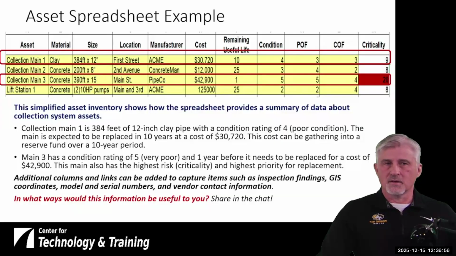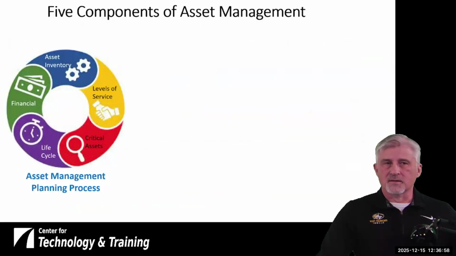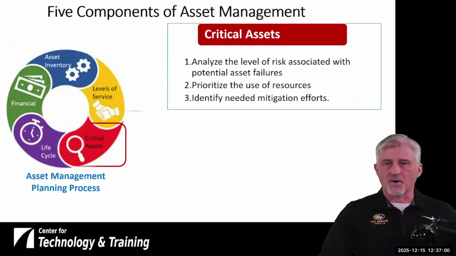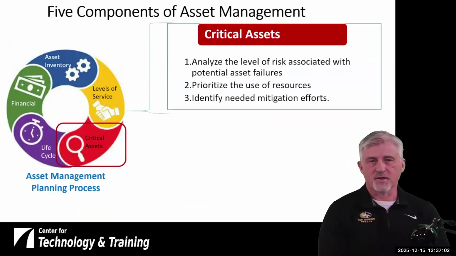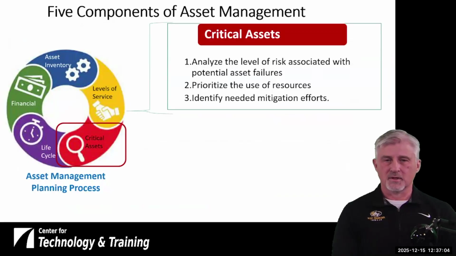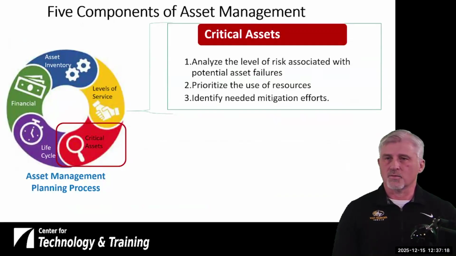And so now we're going to look at our second of the 5 components of asset management, critical assets. We need to analyze the level of risk associated with potential failure. So what can happen if that asset fails? Is it a big deal? Is it a little deal?